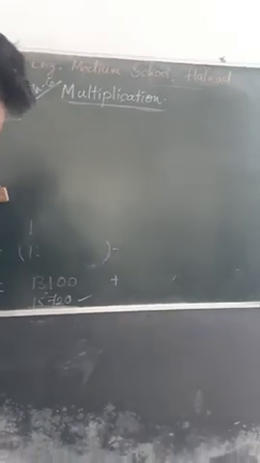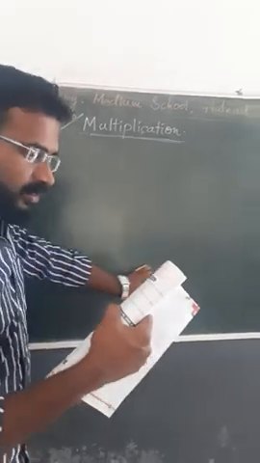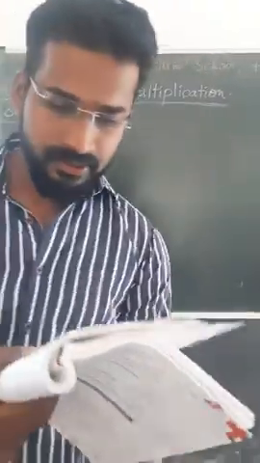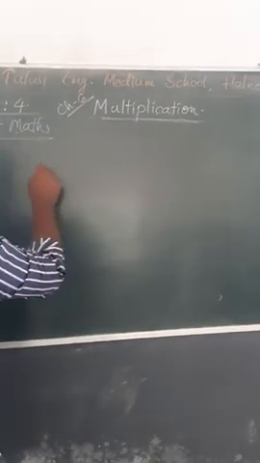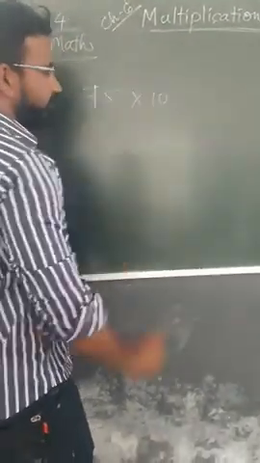Next, multiplication of a number by 10, 100 and 1000, etc. For example, 75 into 10.